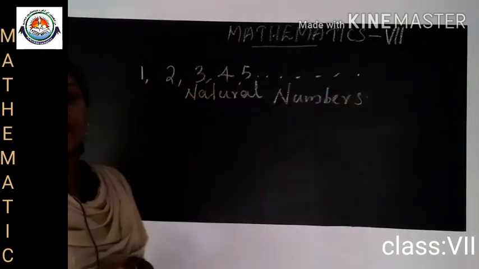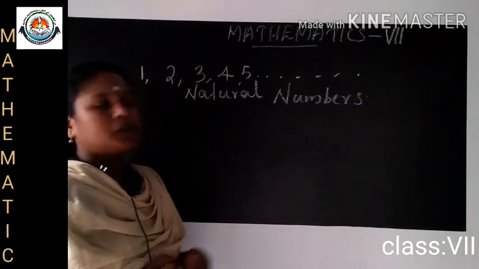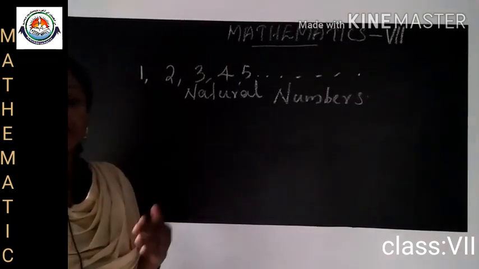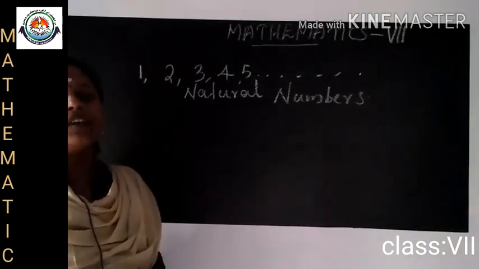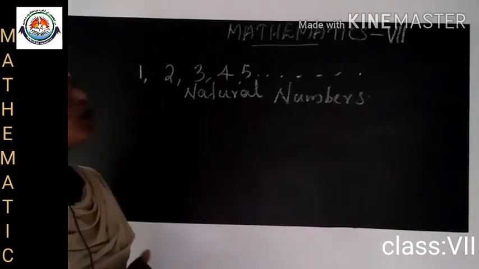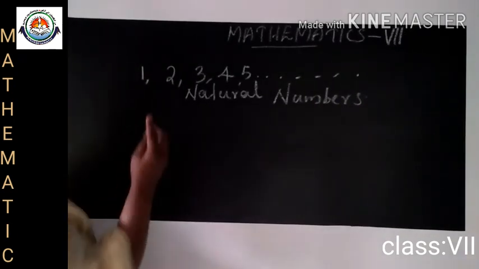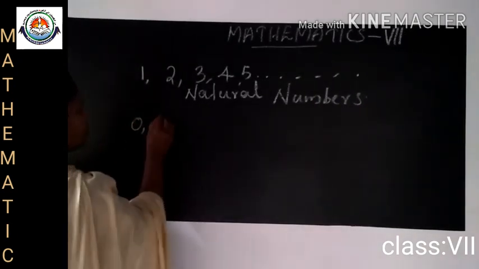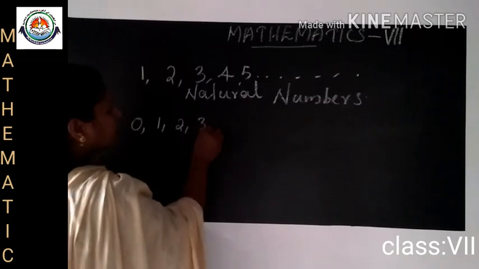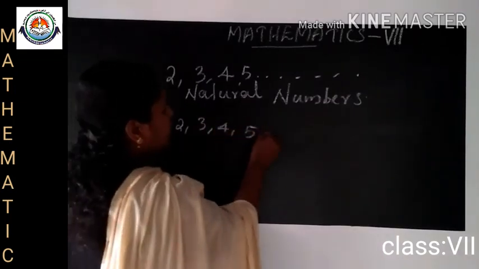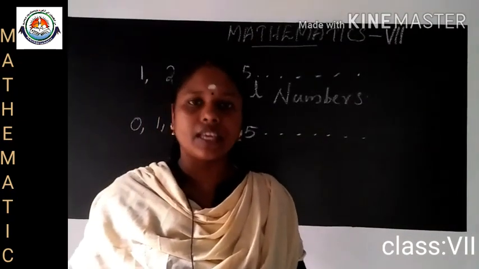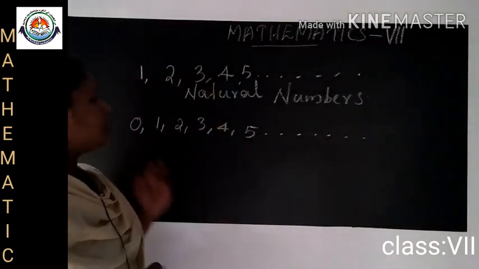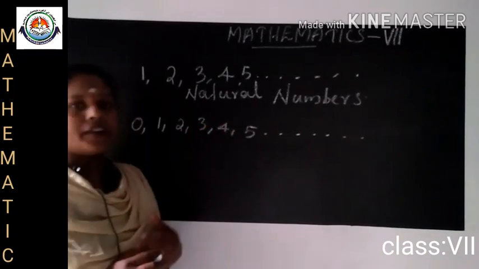Natural numbers or counting numbers start from 1. If we add 0 to this number system, we get 0, 1, 2, 3, 4, 5, etc. I added only one number, that is 0, to the natural number system.